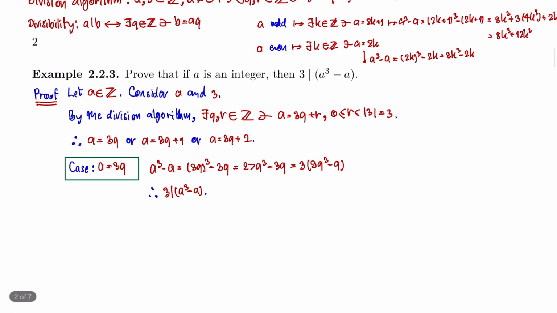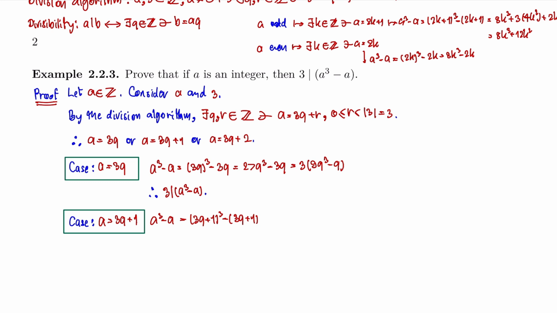Next case, the case where a equals 3q plus 1. We're going to have a cubed minus a equals (3q plus 1) cubed minus (3q plus 1).